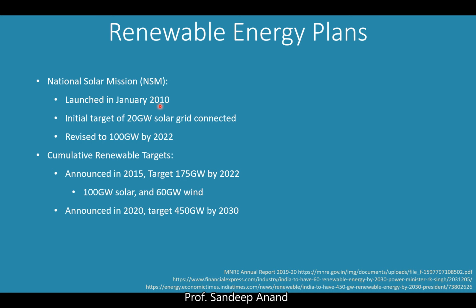The main aim of the National Solar Mission was to increase solar photovoltaic-based and solar thermal power generation. The initial target was about 20 gigawatt, and as I told earlier, it covered both solar thermal and solar photovoltaic.